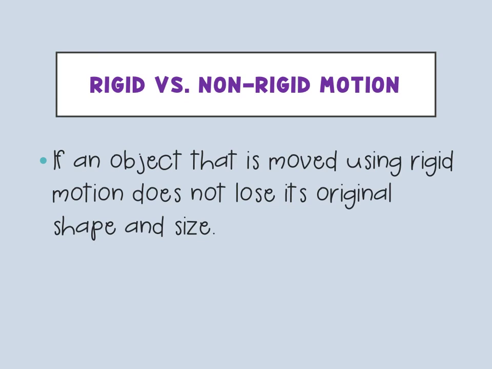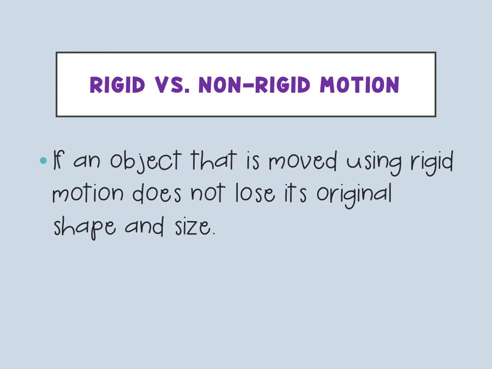Rigid versus non-rigid motion. If an object is moved using rigid motion, it does not lose its original shape and size. So they will be the exact same size they were before. They maybe have just flipped upside down or shifted to the right or diagonally to the left. They've moved around, but the shape is exactly the same. That would be rigid.